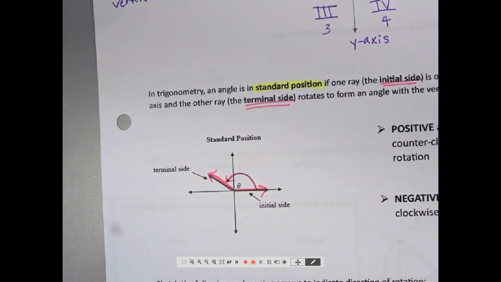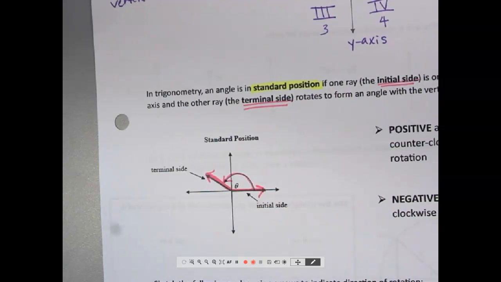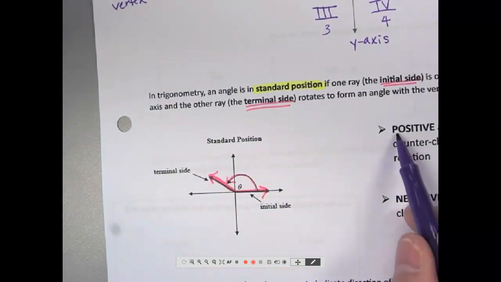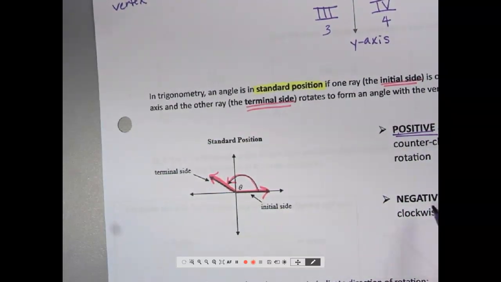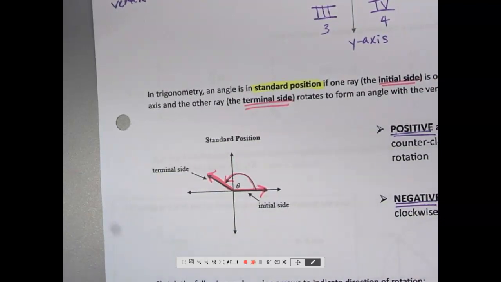Okay, so a positive angle indicates counterclockwise rotation. What is counterclockwise? If you forget, look at how the clock is rotating, and it is the opposite. Counterclockwise goes this way, and we call that a positive angle. Now, I know a protractor doesn't have a negative angle measurement on it, so we just use negative angles to indicate which direction we rotated.